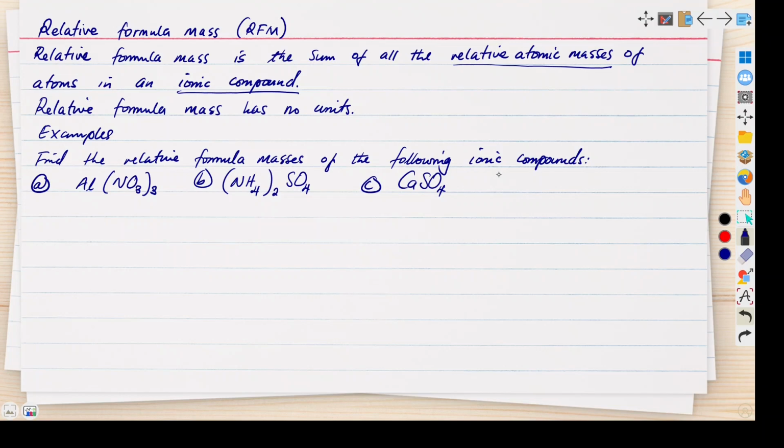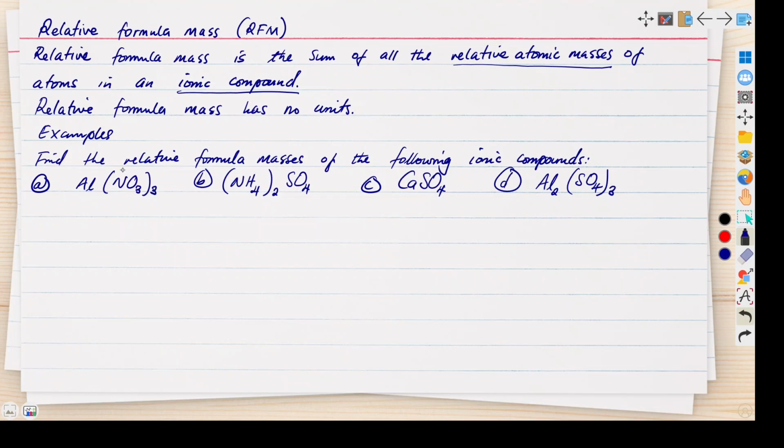Then we can have also D, aluminium sulfate, like this, open brackets SO4, close brackets 3. So these are enough examples on finding formula masses.